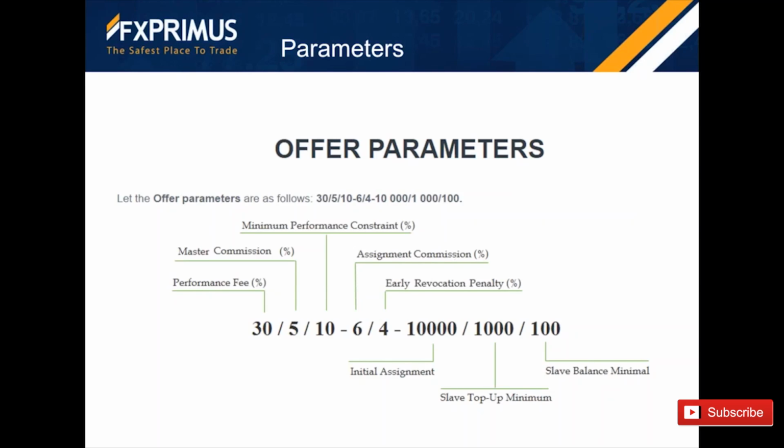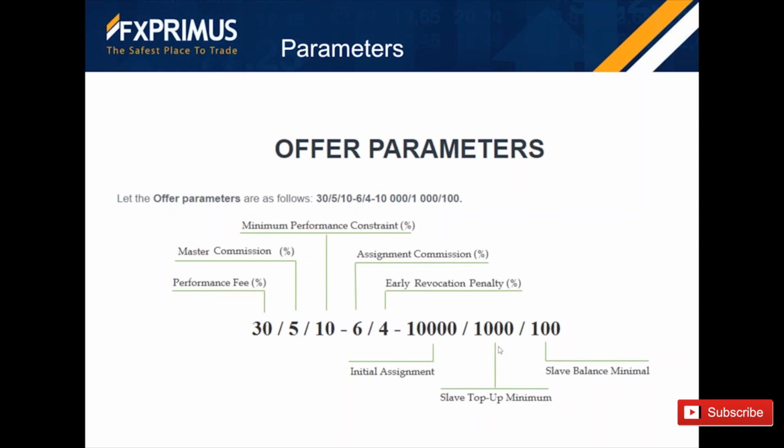You don't want to charge clients lots of money for joining your master account. Then we have the early revocation penalty, which is 4% in this example. 4% means if somebody wants to leave the PAMM earlier than the trading interval, he will have to suffer a penalty of 4%.